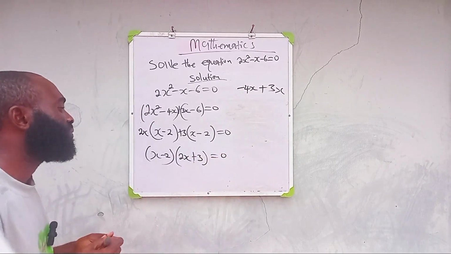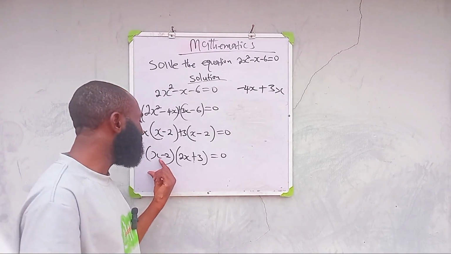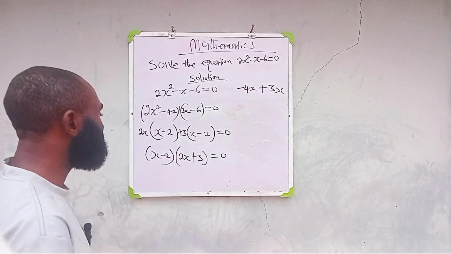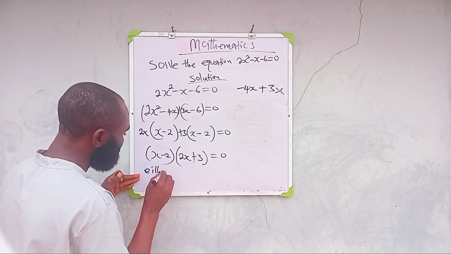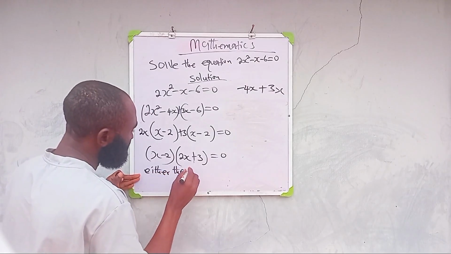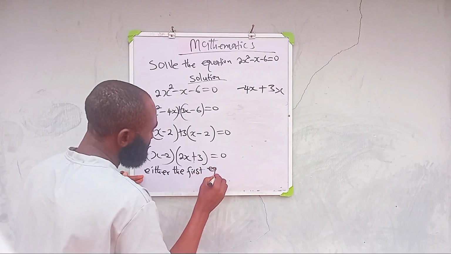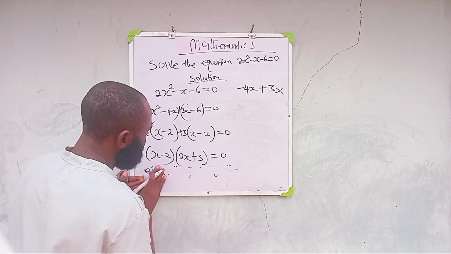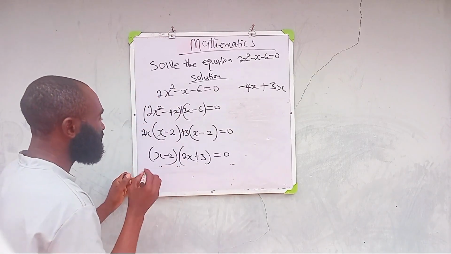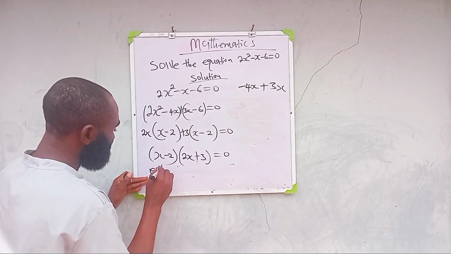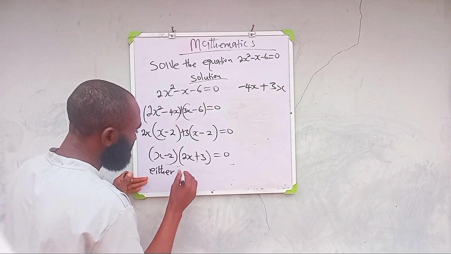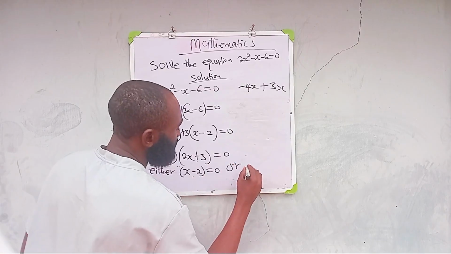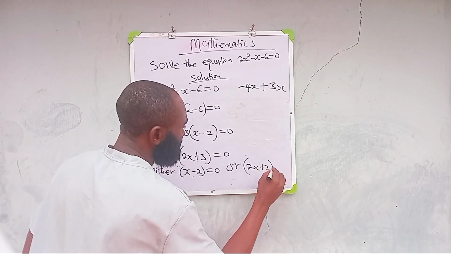So now either the first bracket, x minus 2, is equal to 0, or the second bracket, 2x plus 3, is equal to 0.